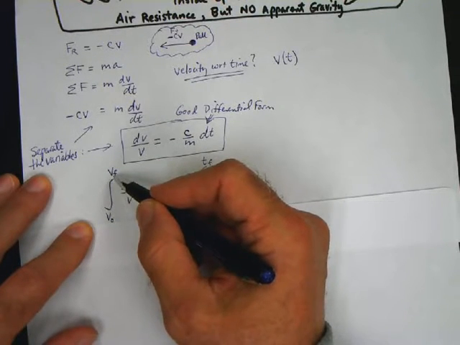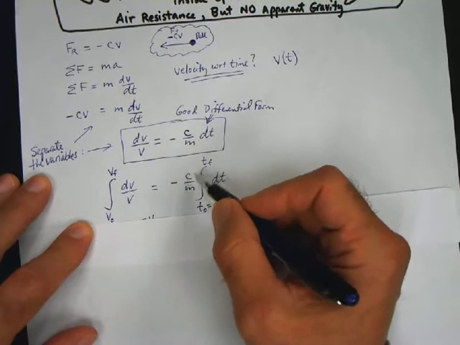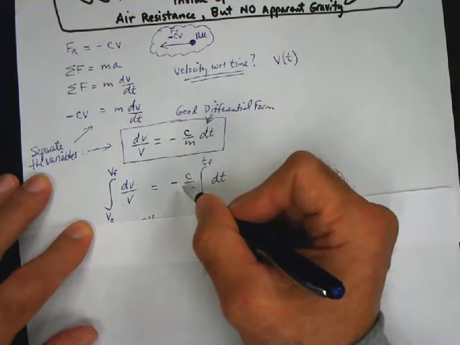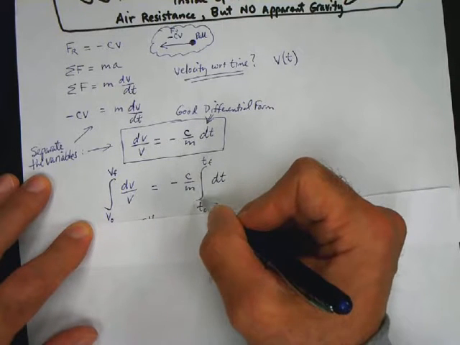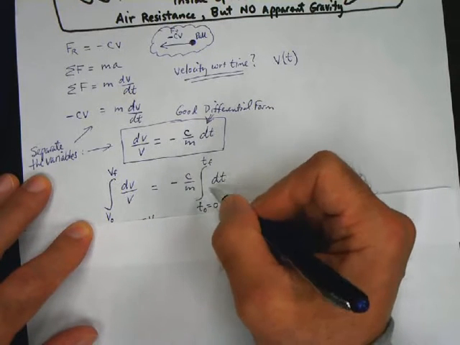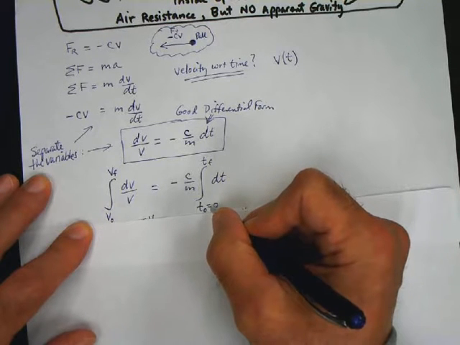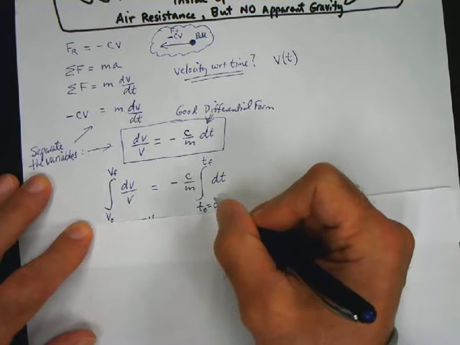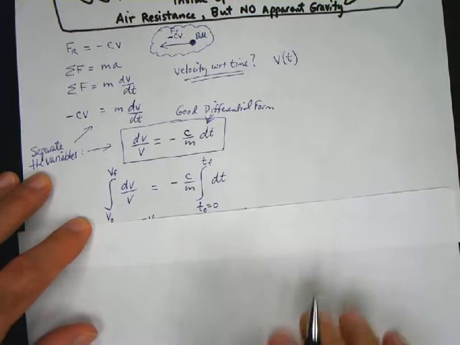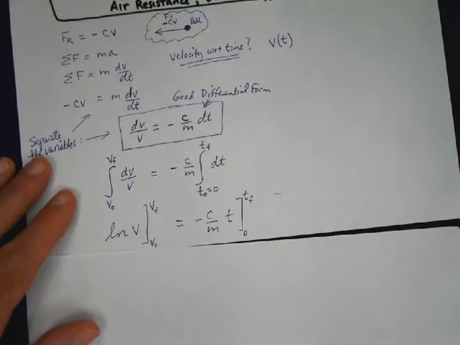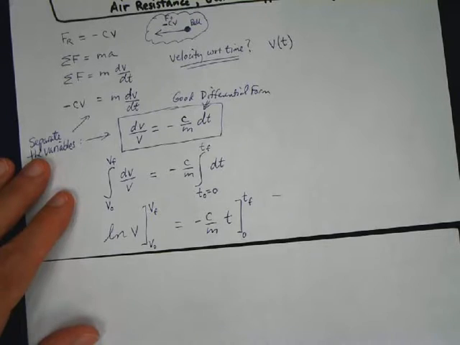I don't need to put 10 in, I'll just leave v naught in general right now, to some final velocity vf. Set that equal to the integral. We'll take the negative c over m, that's a constant, we'll pull that out of the integral sign. So that'd be negative c over m times the integral of dt, and we'll just say we're going from a time of 0 to some final time tf.